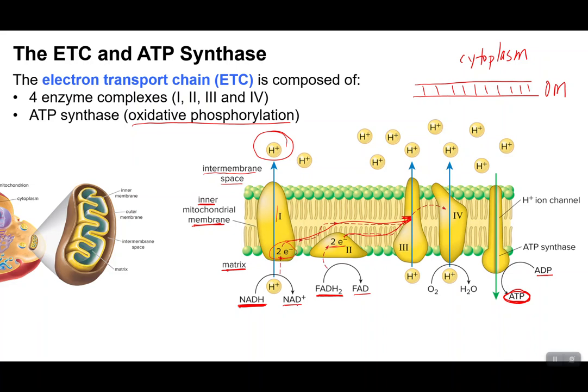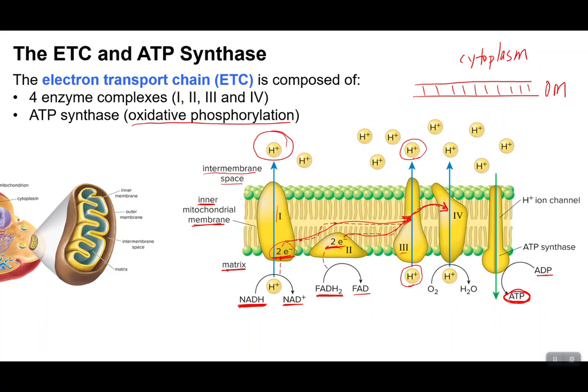All right, so at this point, we have oxidized NADH and pumped a proton across. We've also oxidized FADH2, and both reactions have produced these electrons that are being shuttled over to complex number 3. Now, this transfer of electrons is going to help pump another proton into the intermembrane space. These electrons continue to be shuttled over to complex 4.